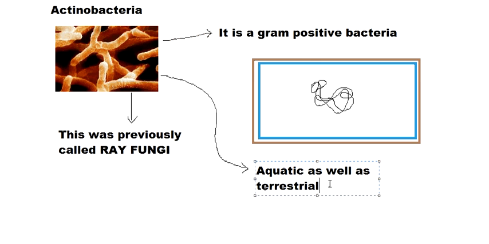Okay, so another feature of this actinobacteria is that it has a high GC content. What do I mean by GC content? Look at this genetic material. This genetic material is filled with GC repeats. G means guanine, as you all know, and C means cytosine.